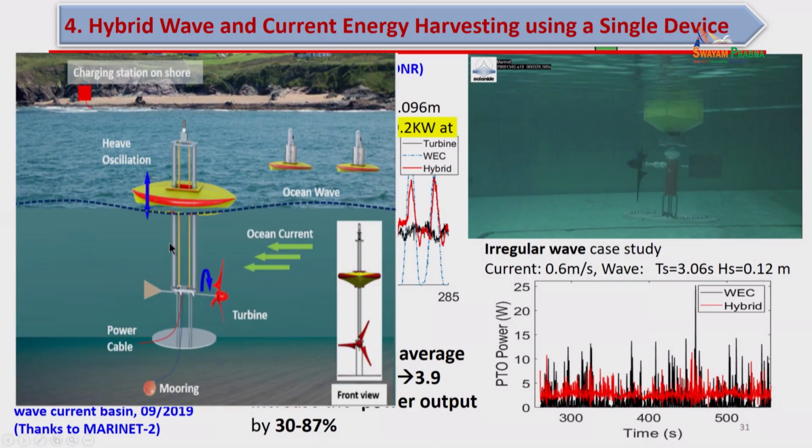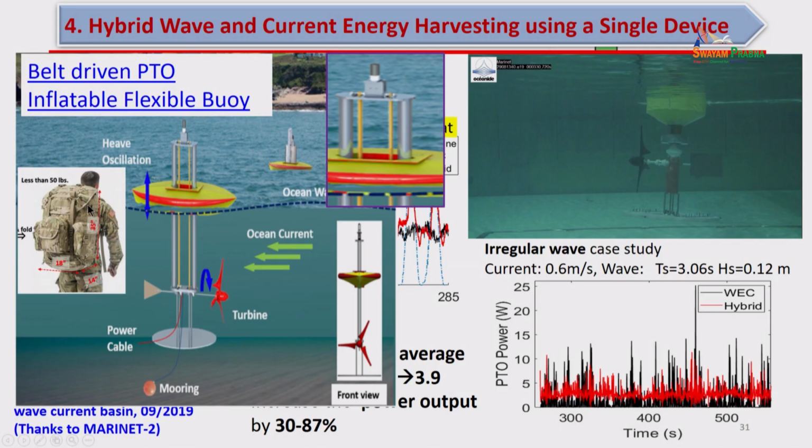Then we are working on a project that is flexible for meter application. What is this system? You want to put it in a backpack, quickly assemble it, and put it in the ocean.